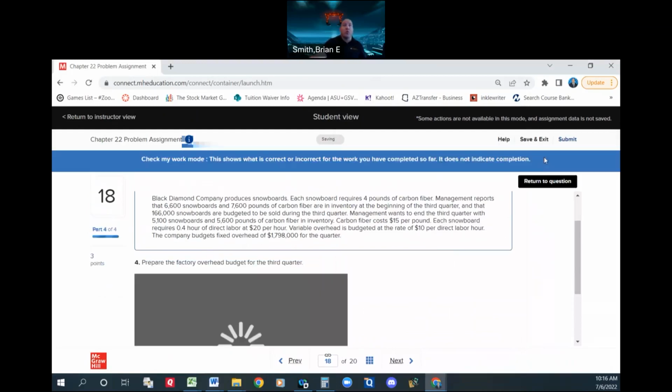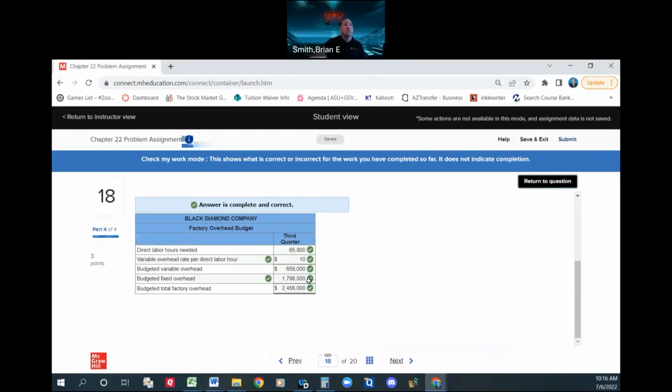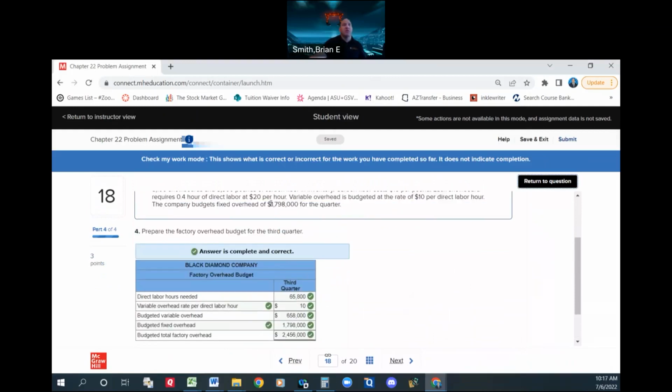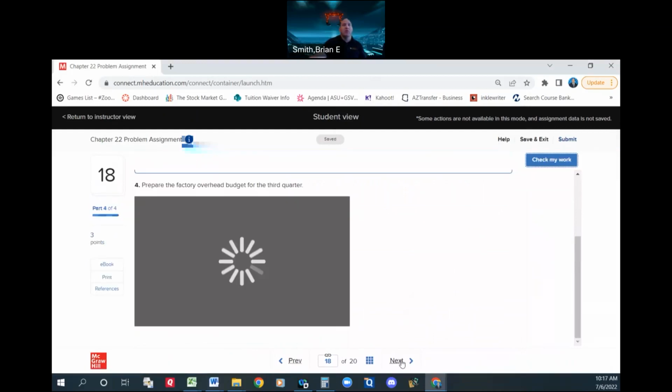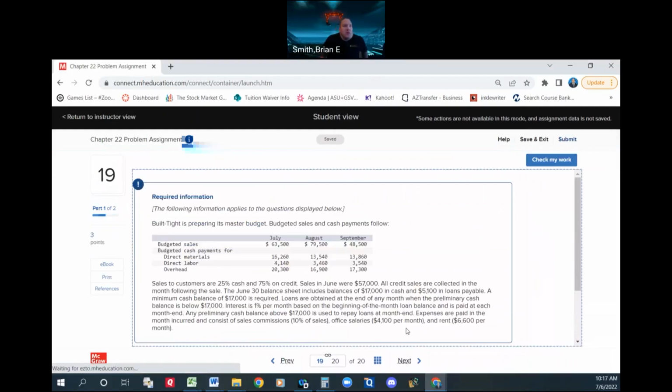There we go. Let's check our work. Took our direct labor hours we needed, multiplied by our rate to get our variable budget overhead. Took our fixed budget, which was given, added them together. Real easy.